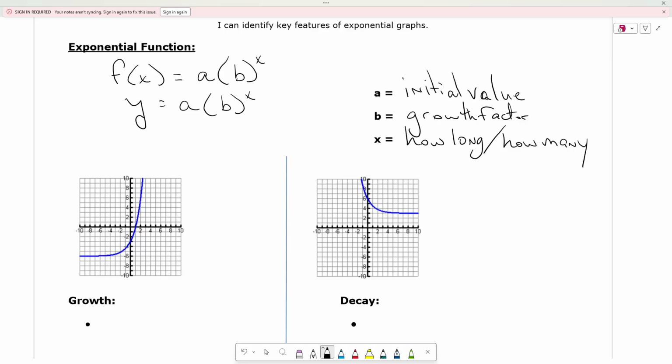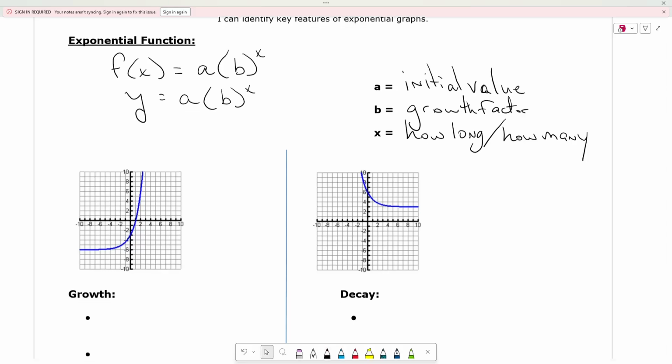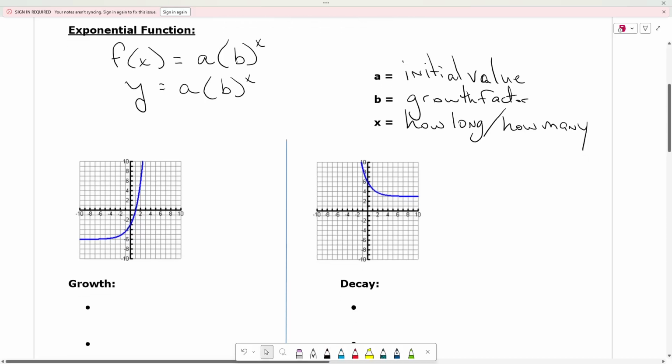Now, our growth is going to look something like this over in the bottom left. With these, our a is going to be greater than 0, and b is going to be greater than 1, meaning it's getting bigger and bigger every time you multiply.